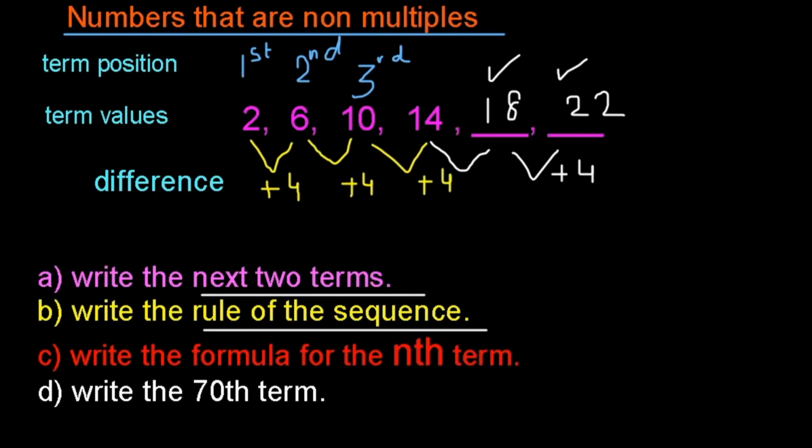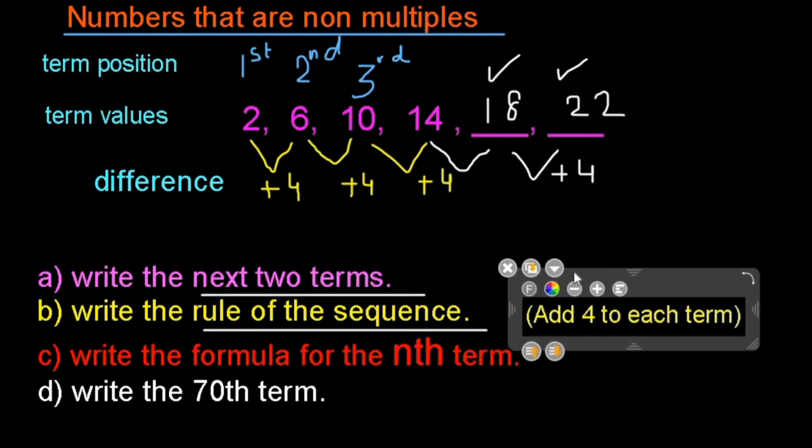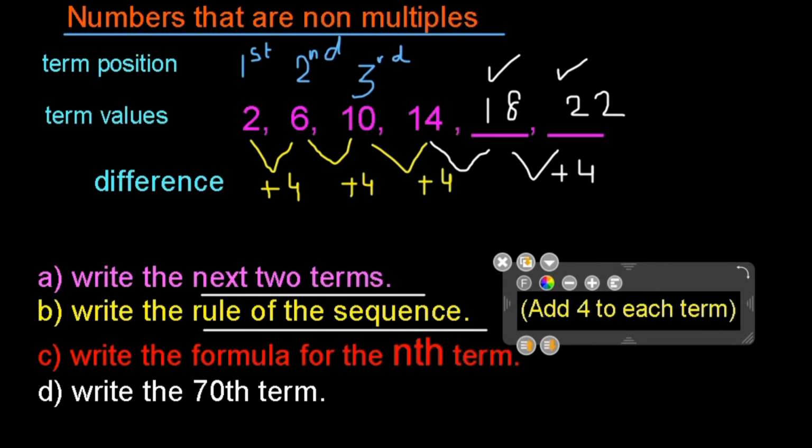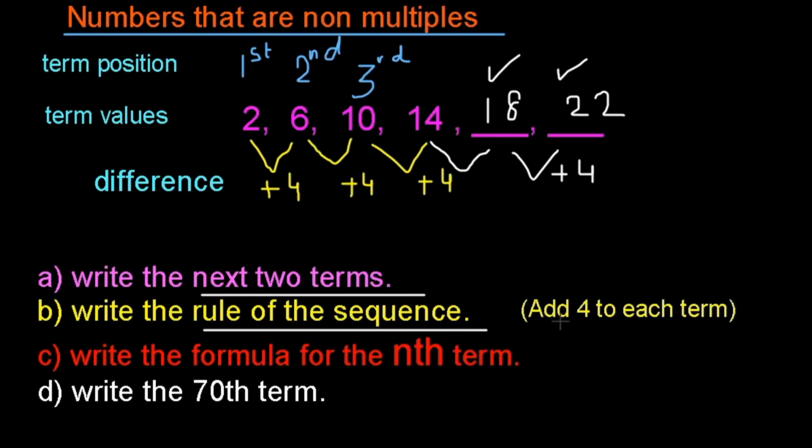The next thing that I am now going to find is the rule for the sequence, and the rule, as I have already explained in the first video, is add 4 to each term, because when I add 4 to each term, I get the next number in the sequence.